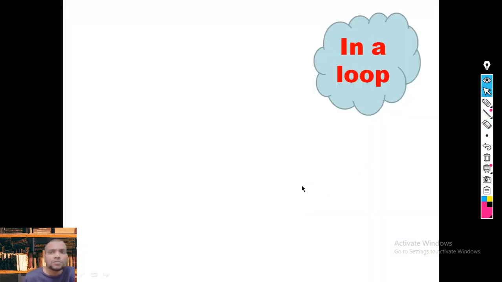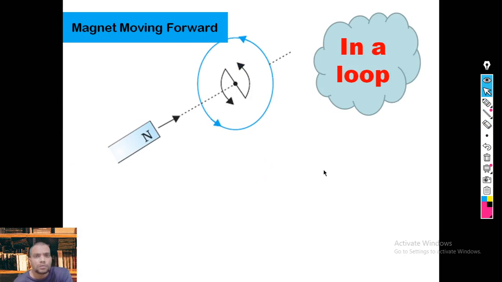Suppose you have a loop. This is the loop, and you bring a bar magnet close to it. Suppose at first there is no current, it's just an ordinary loop.